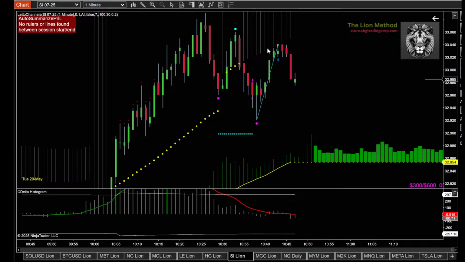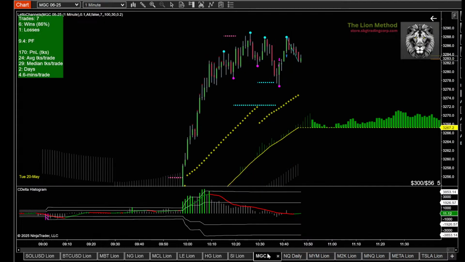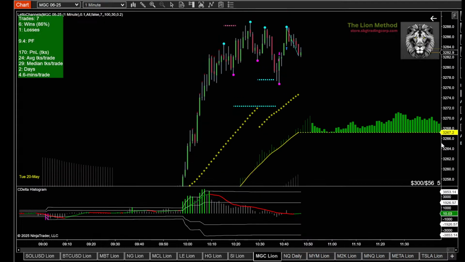Isn't that something? Well, we got ticked out on silver. And not too far off from gold either.